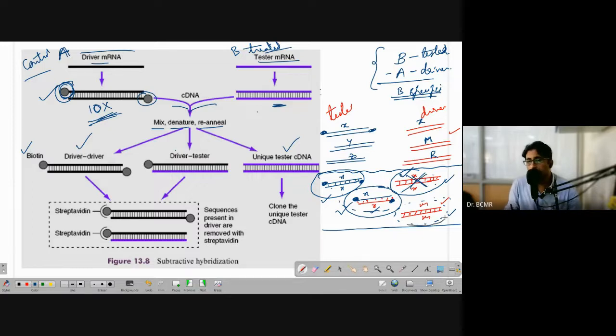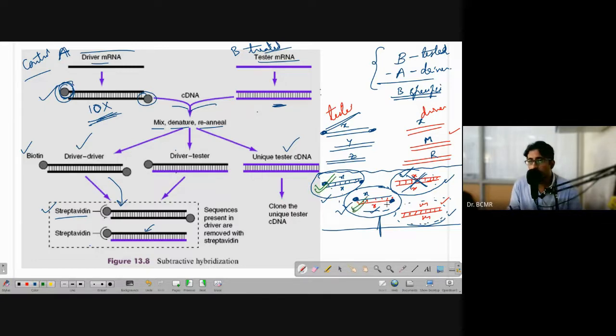But in the case of M, there is no complementary in the tester. So it will remain as such. Now when we pass it through a column containing streptavidin, which has high affinity for biotin, all the drivers and the driver-tester hybrids will bind, and the unique clones, in this case, if we pass, the XX will get bound with the streptavidin.